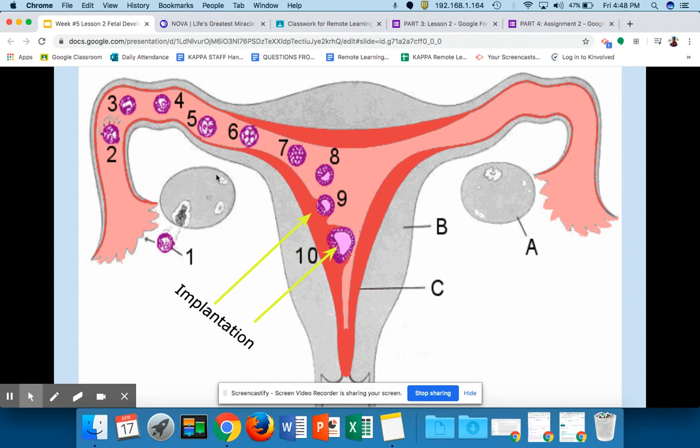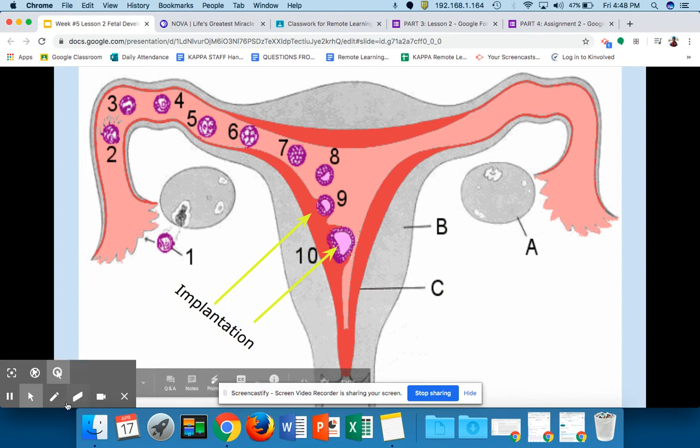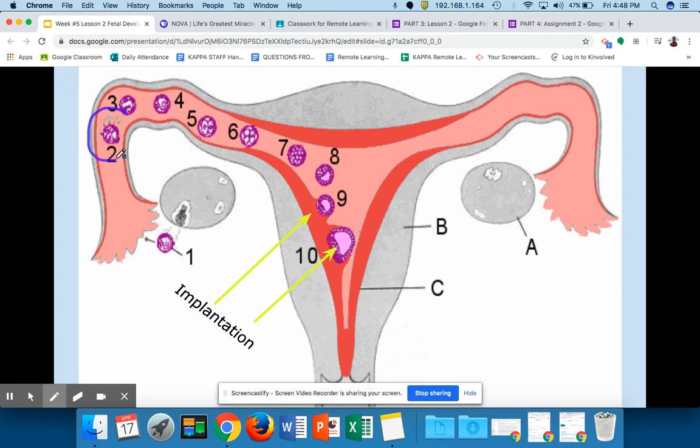The ovaries are over here, ovulation happens, and the egg travels down the fallopian tube. And at this stage, do you see what's happening here? This is where sperm meets the egg, otherwise known as fertilization.